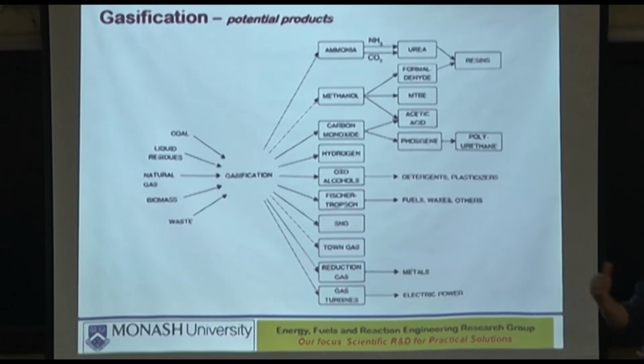That char then goes into reacting with the substoichiometric oxygen. Whatever oxygen has remained after competition with the hydrogen that has been released, after competition with methane that has been released, that oxygen then is available for char gasification. So there is a subtlety in there.